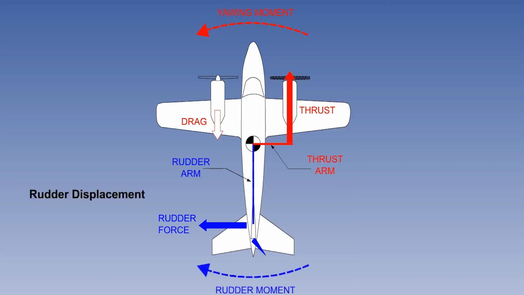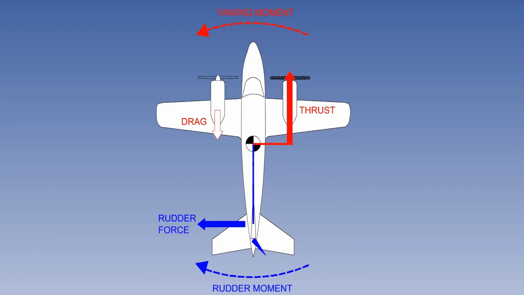At this initial stage, the pilot's ability to counteract the asymmetric yawing moment will depend on the rudder displacement, which affects the rudder force, the IAS, also affecting the rudder force, and the CG position, affecting the rudder arm. Under a certain combination of conditions, control difficulties can arise under asymmetric thrust.